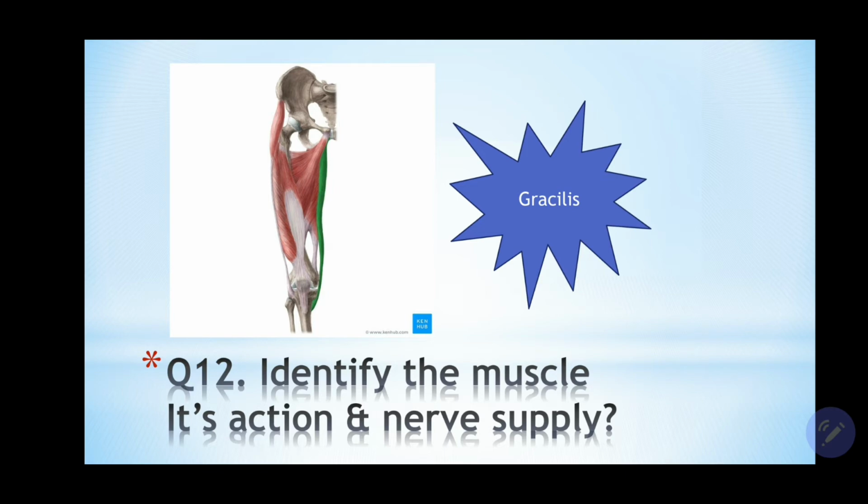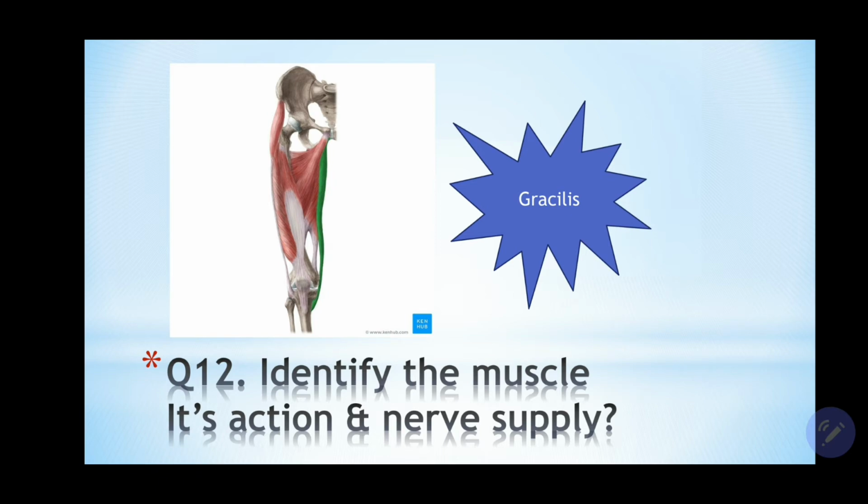And about the action of this muscle: this muscle medially rotates the femur, medially rotates the thigh, right, as well as it adducts the thigh.